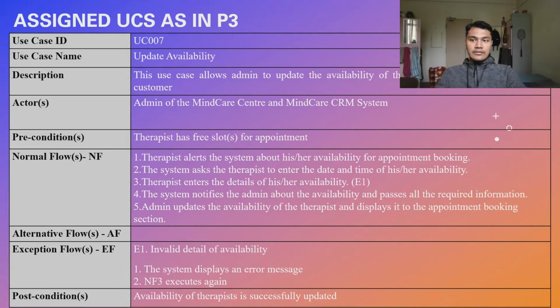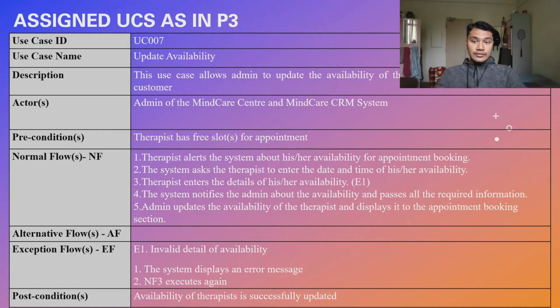So here we have my use case specification, use case ID, which is UC007, the use case name, which is update availability. The description for the use case is this use case allows admin to update the availability of therapists for consultation with the customer. The actors involved are only the admin and also the Mindcare system.